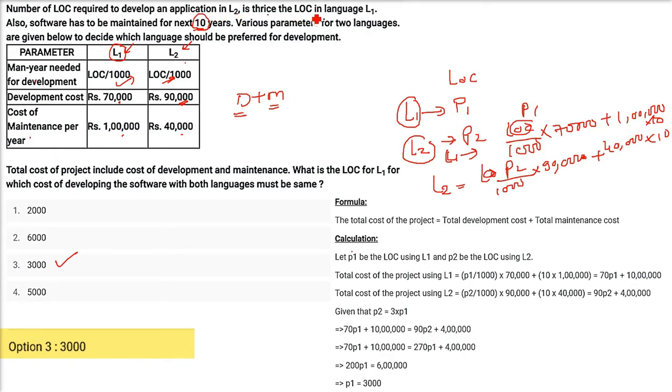From the first you have to find P1, from the second you have to find P2, because we have a relationship P2 equals 3P1. The total costs are already given. Now just equate them and you will get P1, which is 3,000.